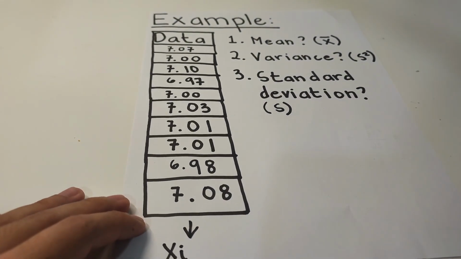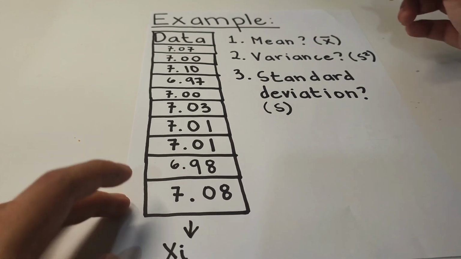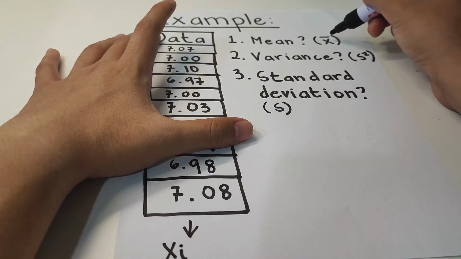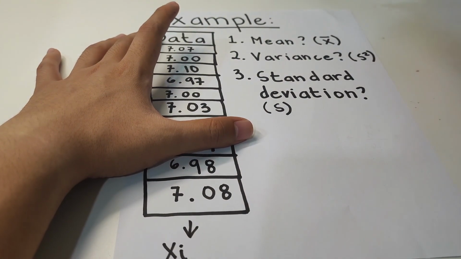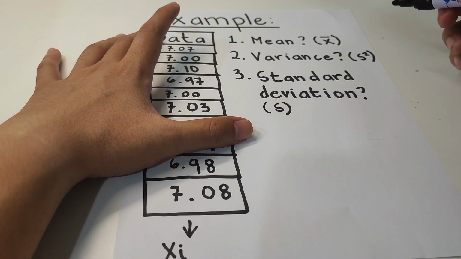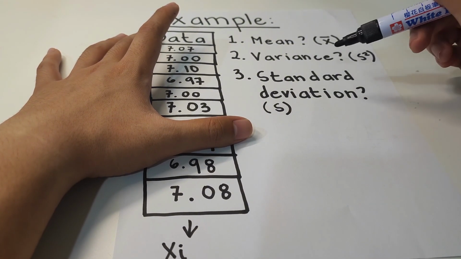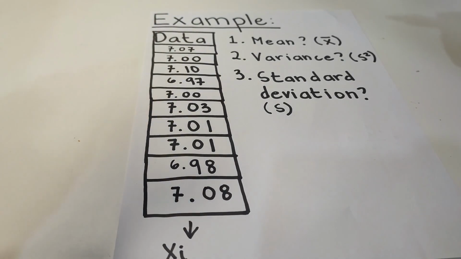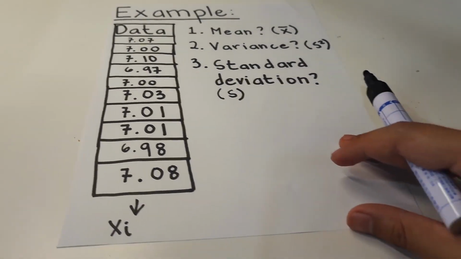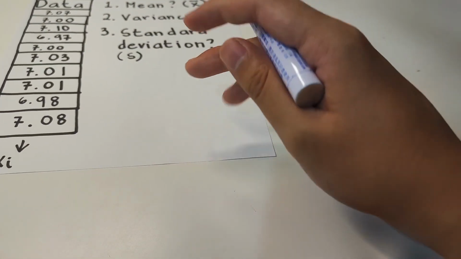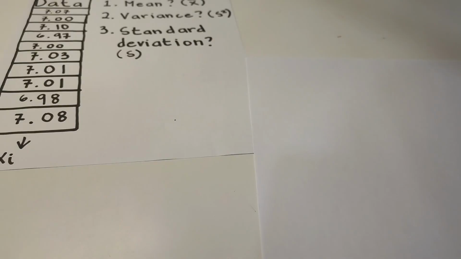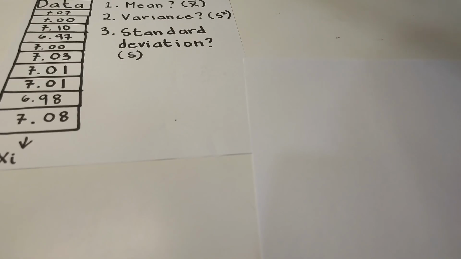We are asked to find the mean, which is the sample mean, and then we're also asked for the variance, which is S squared, and then the standard deviation for the sample. You can pause the video and try to answer it yourself.